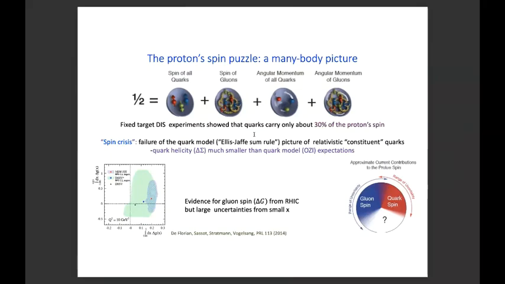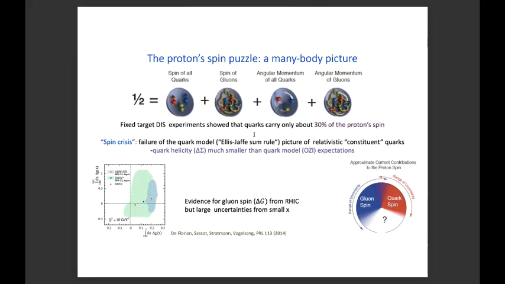And it was interesting because it revealed a dramatic failure of the relativistic quark model picture where the spin is carried by relativistic constituent quarks. In particular, a specific prediction called the Ellis-Jaffe sum rule said that the isosinglet axial vector current, which as I will discuss is relevant for the quark helicity, is equal to the iso-octet axial vector current, and that can be determined from hyperon decays.